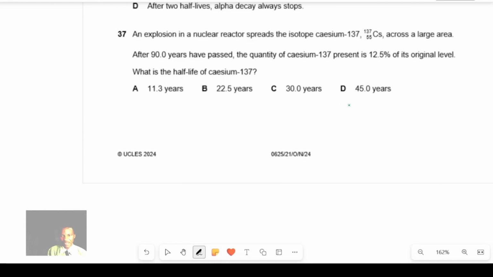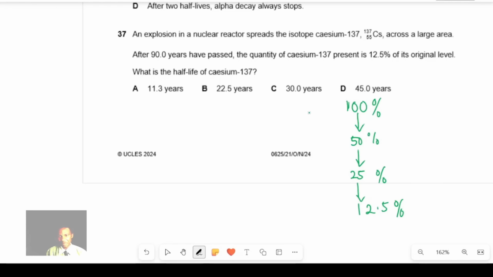So we have 100% at 0, then it goes to 50%, then 25%, then 12.5%.